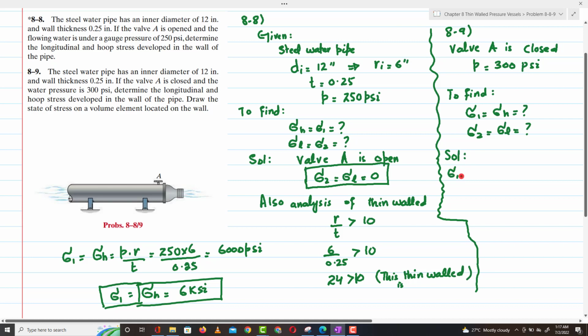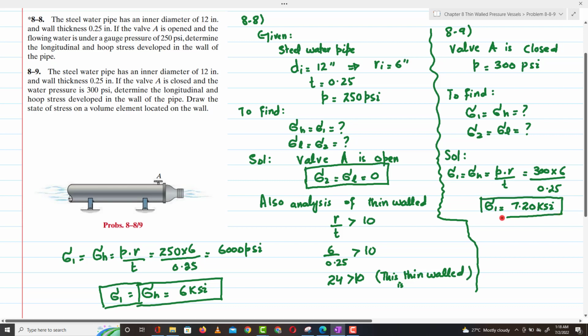We know that sigma 1 is equal to sigma h is equal to P into R divided by T. So P is 300 psi, R is 6, divided by T is 0.25. When you calculate it, you will get sigma 1, which is hoop stress, equal to 7200 psi, and that is equal to 7.20 ksi.